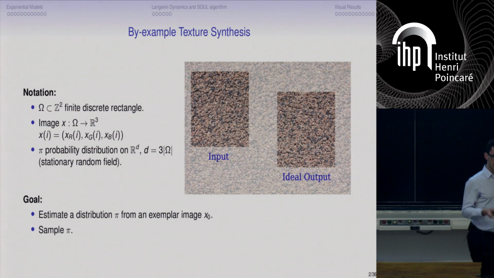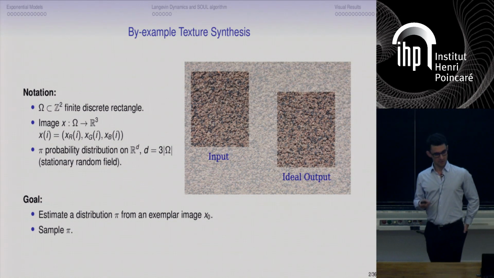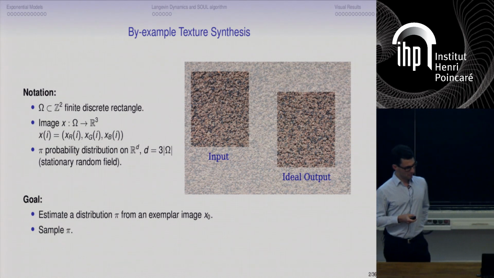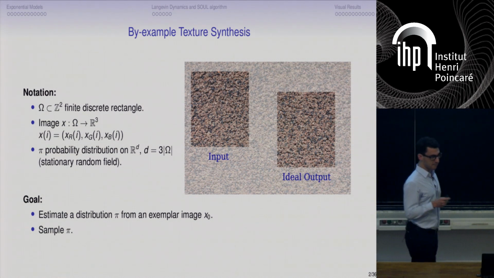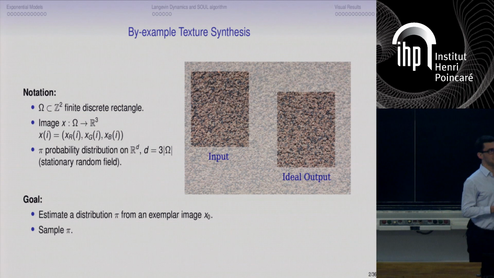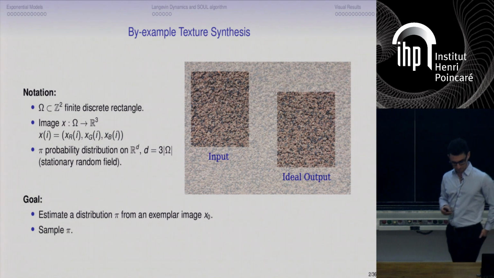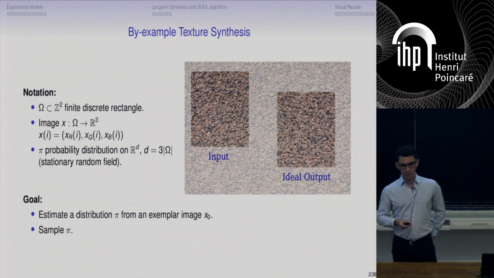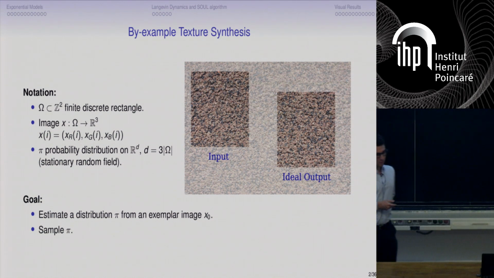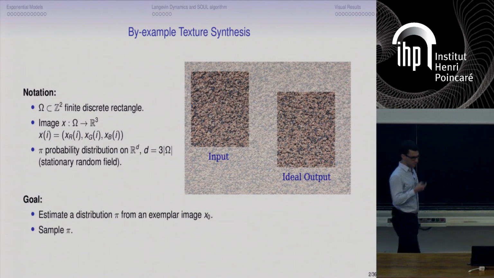One common way to do that is to see the texture as a realization of a probability distribution pi. Here, the images are defined on a discrete rectangle omega with values in R^3 for color images, and we look for a probability distribution pi on the set of images R^D.